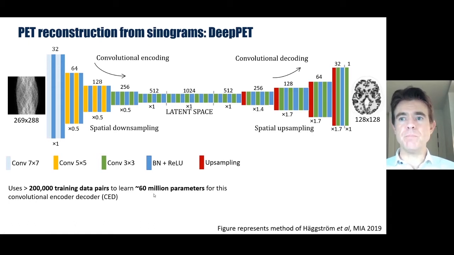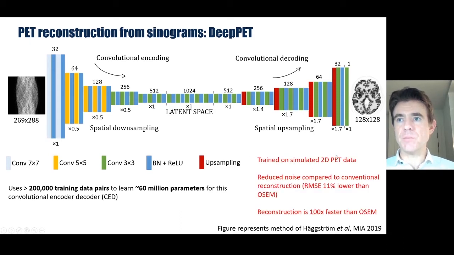So this is a really major enterprise to do this, even though it's only just for 2D image reconstruction. They use simulated data for the training, and they reported a reduced noise compared to OSEM reconstruction, and importantly here as well, 100 times faster reconstruction than OSEM because it's a direct mapping from sinograms to images.